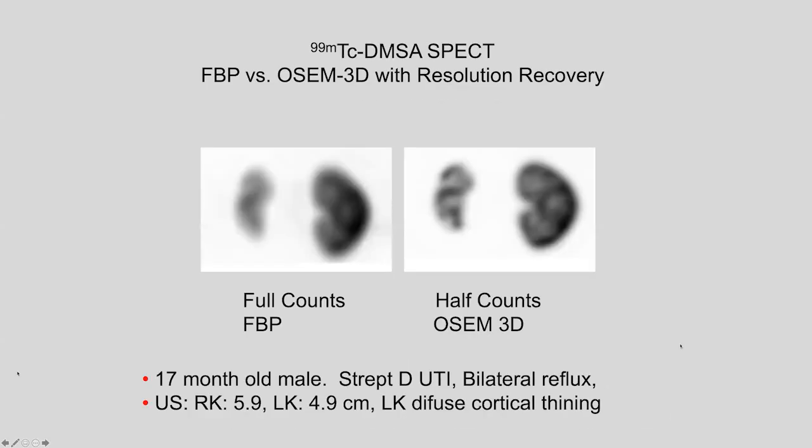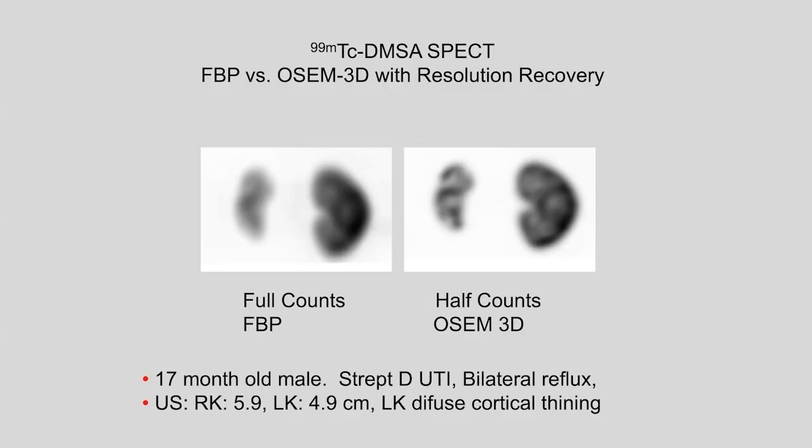Another example of a 17-month-old with bilateral reflux, etc. And you can see that on the filter back projection with full counts, there is a smaller diseased left kidney and a more normal right kidney. But when you use OSEM 3D, there is much more clear definition of the defects on that left kidney.